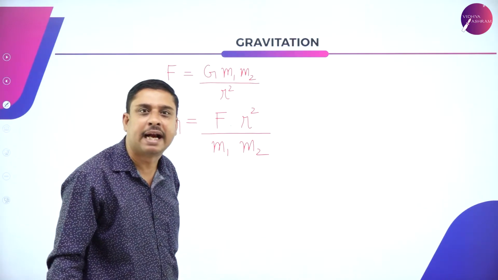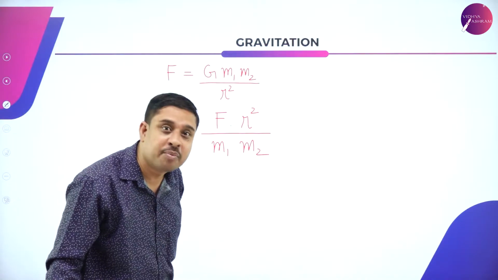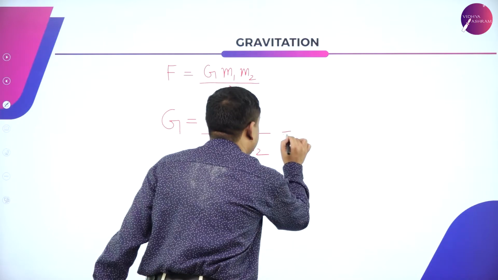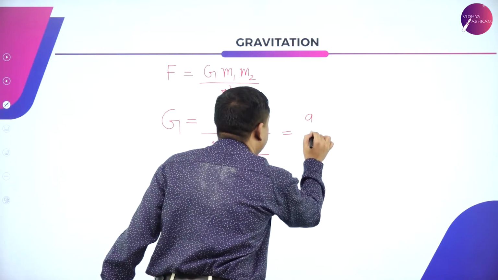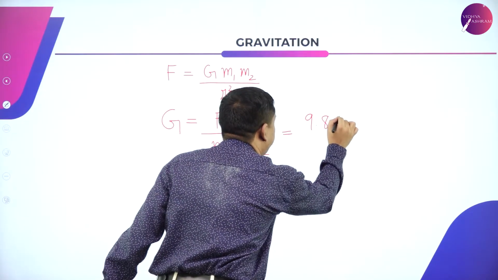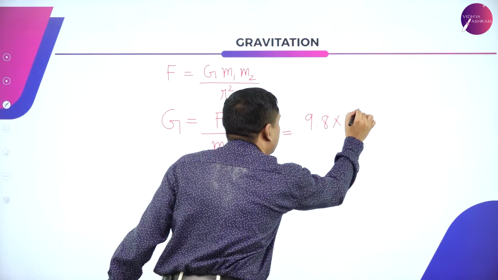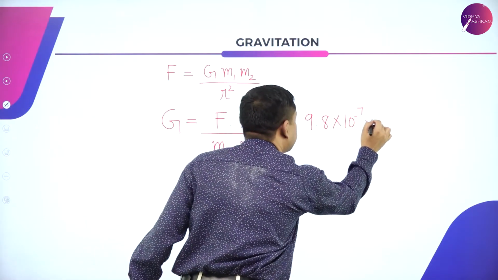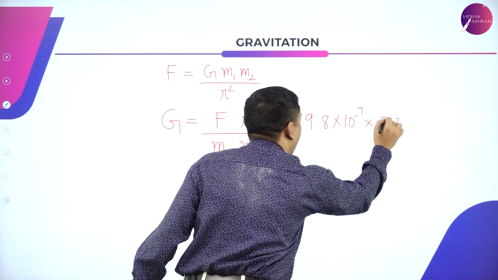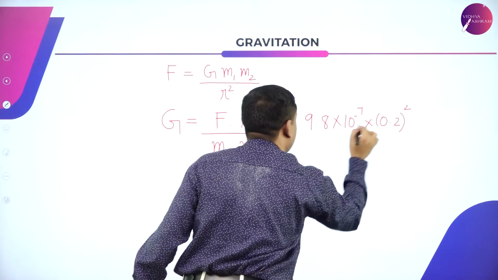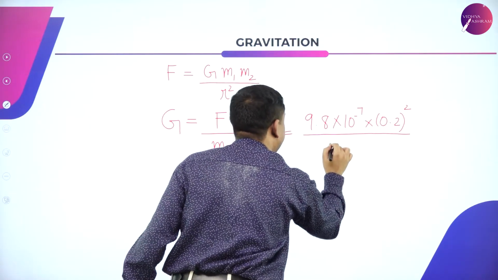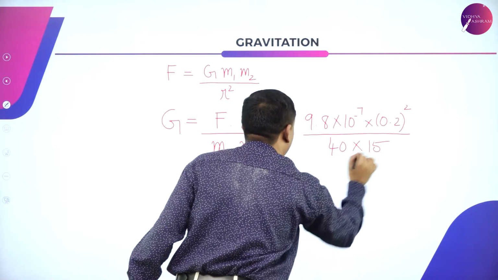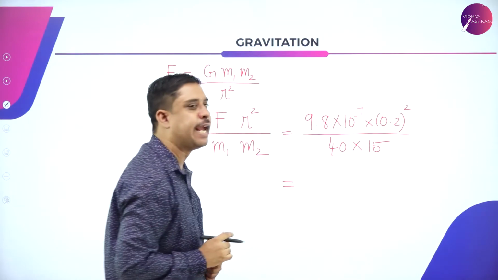You have to write the suitable formula, then do the simplification. So when I substitute, value of F is 9.8 into 10 power minus 7. R square is 0.2 whole square divided by m1 is 40, m2 is 15.